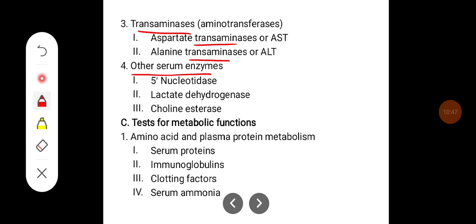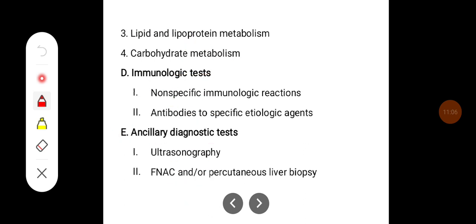Other enzymes include 5-nucleotidase, lactate dehydrogenase, and cholinesterase. Then the tests for metabolic function, like amino acid and plasma protein metabolism, where you estimate the serum proteins, immunoglobulins, clotting factors, and serum ammonia.